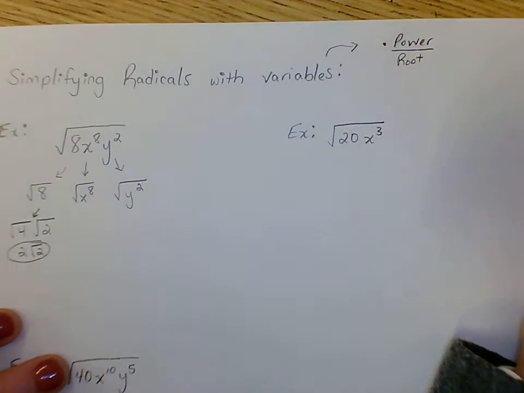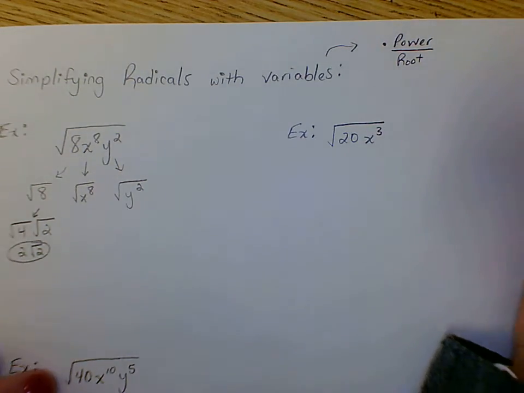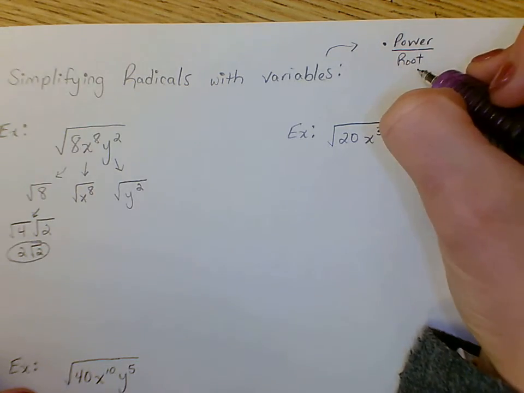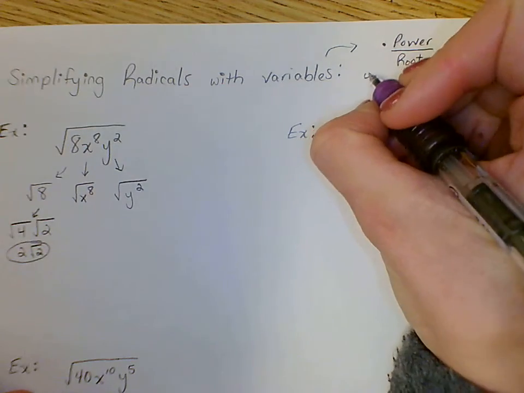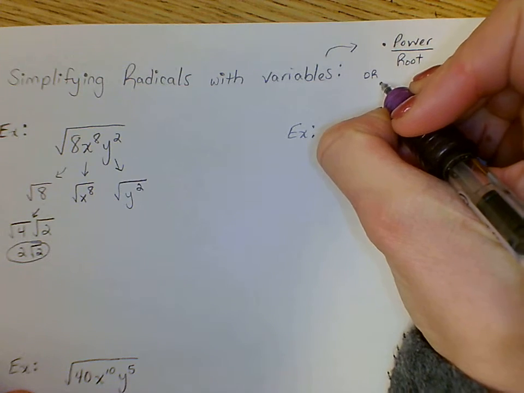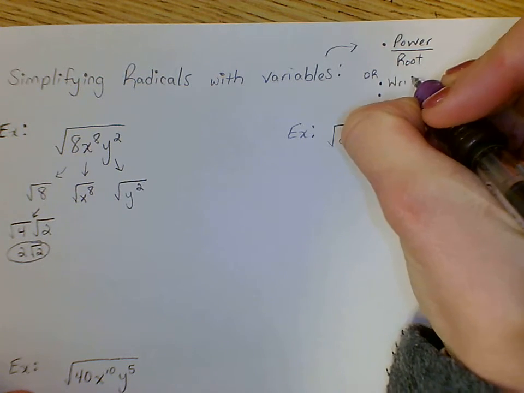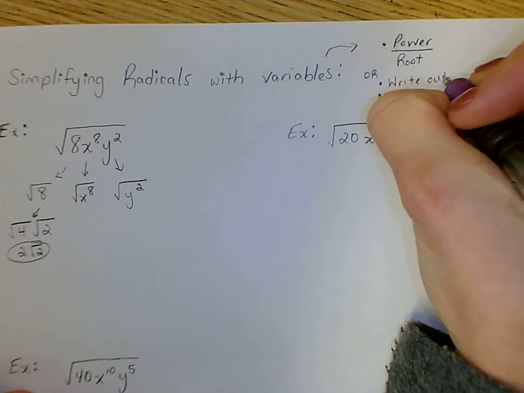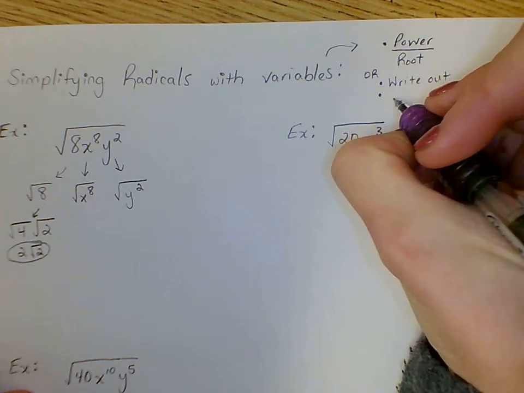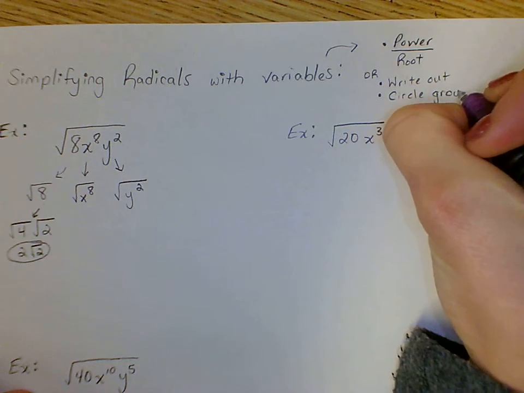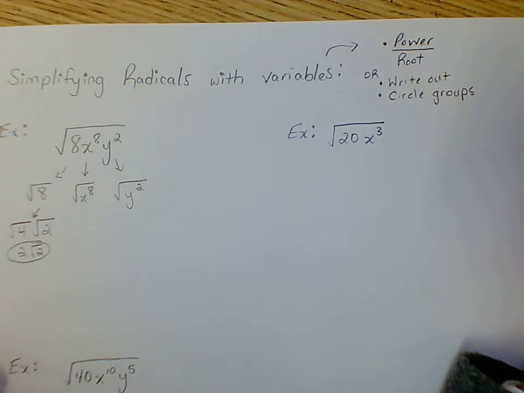In these examples, it's a square root, and the number that goes with a square root is the number 2. So that's one way to do it, which I will show you. The other way is kind of two steps. You start by writing it out, and I'll show you what I mean by that. And then you circle groups. You can do it either way and it'll get you the same answer.